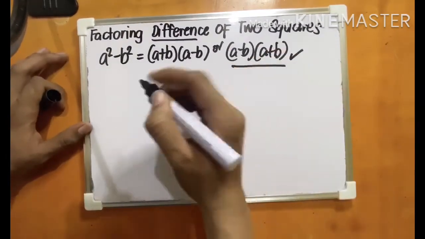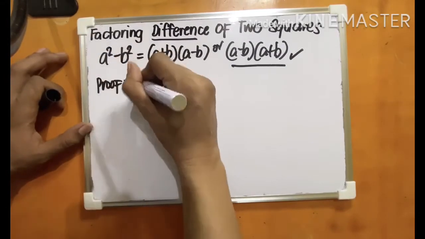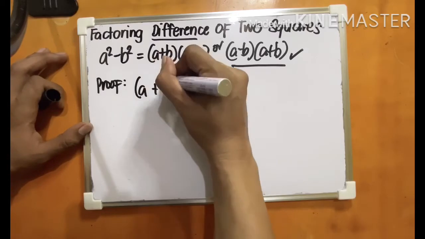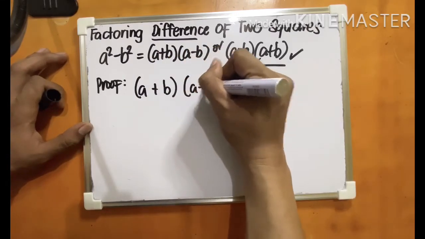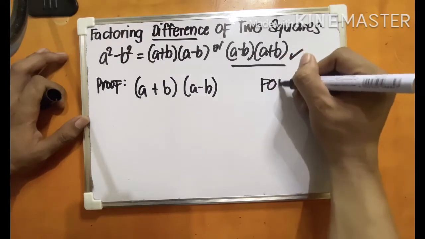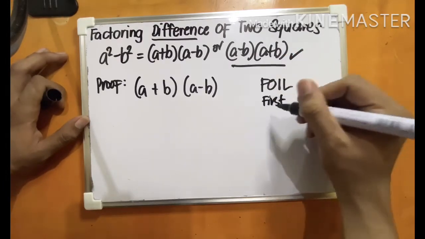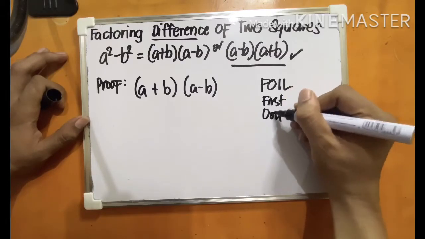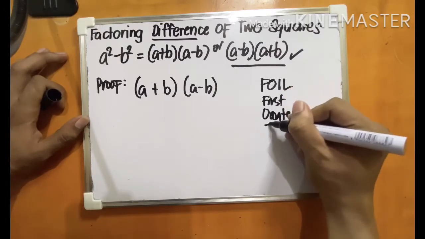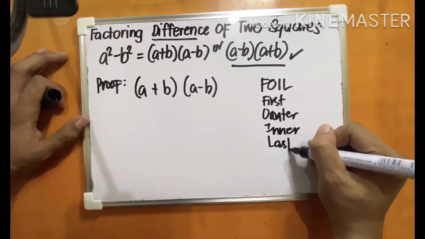Okay. So how come that a squared minus b squared is equal to the quantity of a plus b times the quantity of a minus b? Let's multiply. So proof. A plus b, then a minus b. Let's do the FOIL method. F stands for first, O stands for outer, I stands for the inner, and L stands for the last.